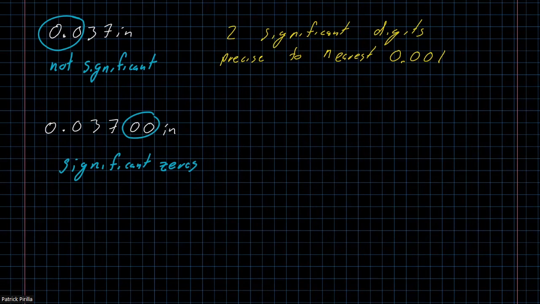We are saying that we measured this much more precisely and we got exact zeros at the end of the measurement, either because of coincidence or because of very careful machining. So this has those 2 zeros as significant, along with the 2 non-zero values. All told, that is 4 significant digits.